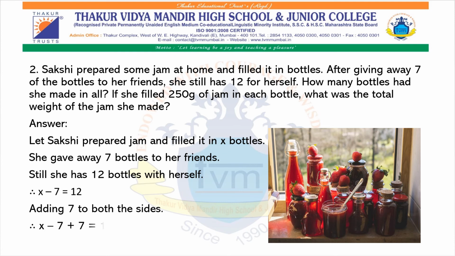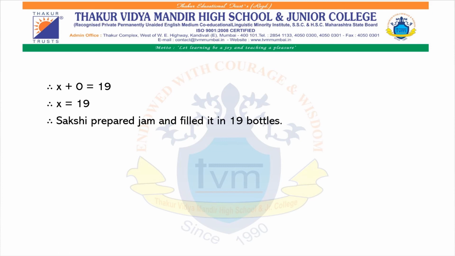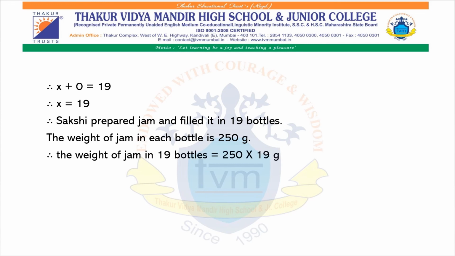Adding 7 to both the sides. Therefore, x minus 7 plus 7 is equal to 12 plus 7. Therefore, x plus 0 is equal to 19. Therefore, x is equal to 19. Therefore, Sakshi prepared jam and filled it in 19 bottles. The weight of jam in each bottle is 250 grams.